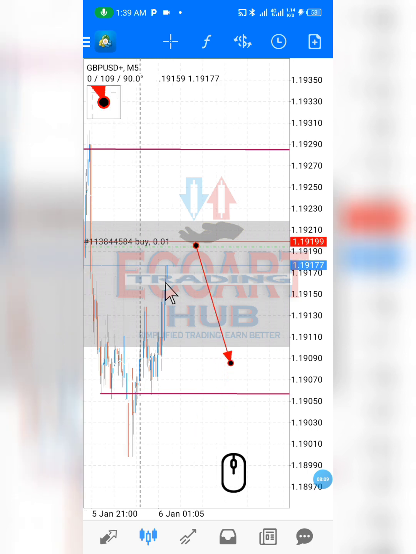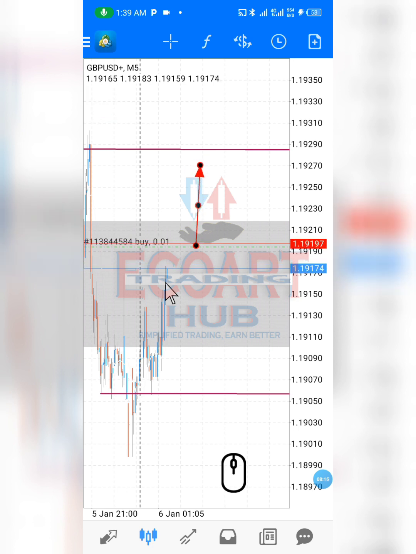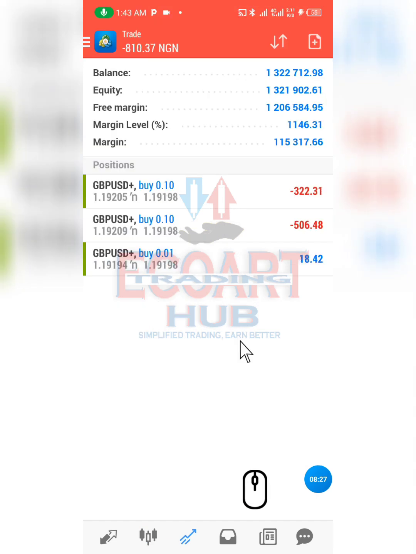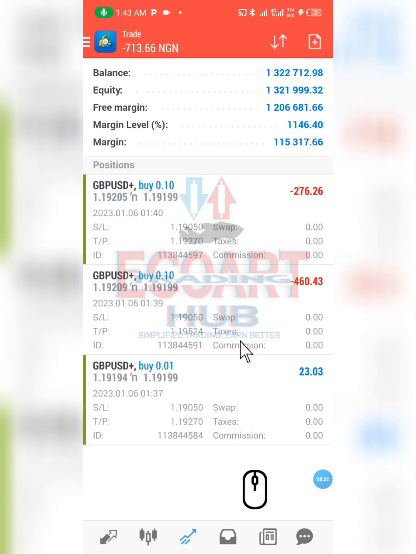So for educational purposes, if you take this trade at this point, this is where you should exit this market, 1.19270. Okay, we'll have our trades with a proper stop loss.